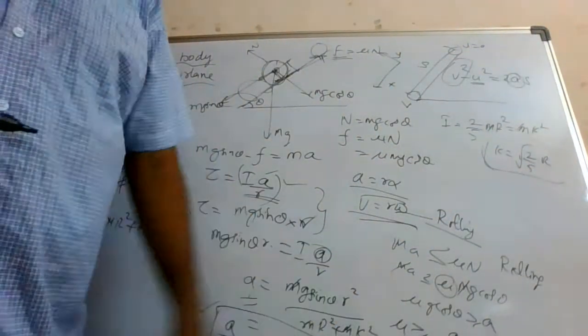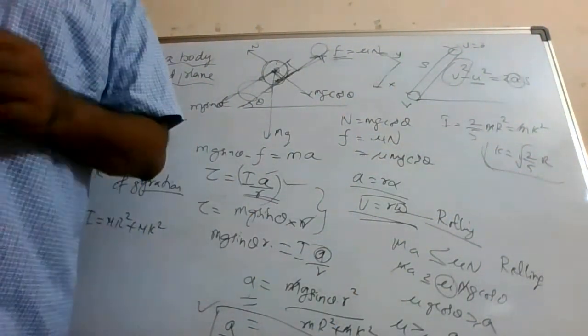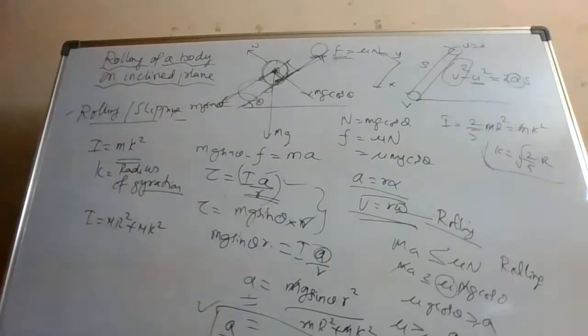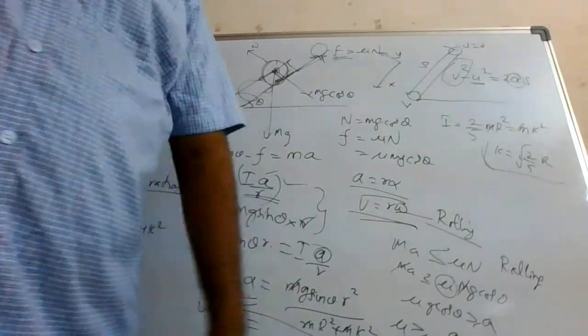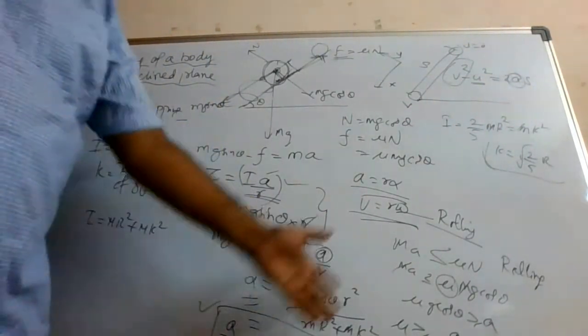R square terms will be cancelled and you will get the value of a. For solving this, you should know the moment of inertia of different shapes. Once you know that, you can work out the acceleration and the mu that is required.